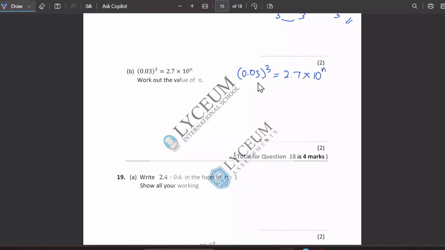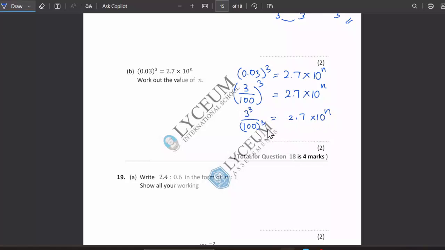So we can write this as 3 over 100. Okay. 3 over 100 to the power 3 equals 2.7 times 10 to the power n. Okay. 3 to the power 3 means, so we can write this putting the cube power into both numerator and denominator separately.